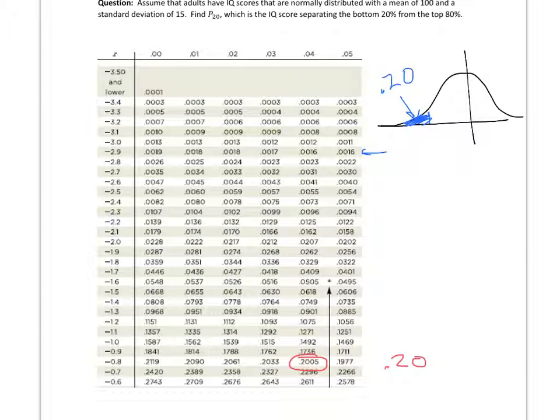And you could write 4 digits. And so the z value then would be negative 0.84. So I'm in this row and this column, so that would be my z value.